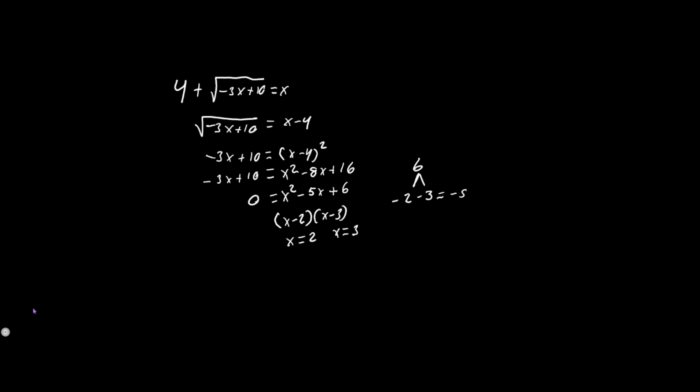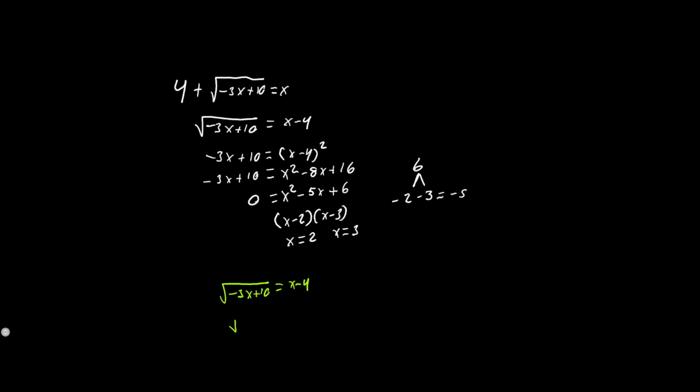So let's go ahead and verify which of our solutions is true and which is an extraneous solution. So we have the square root of negative 3x plus 10 is equal to x minus 4. Here we are going to put in positive 2.